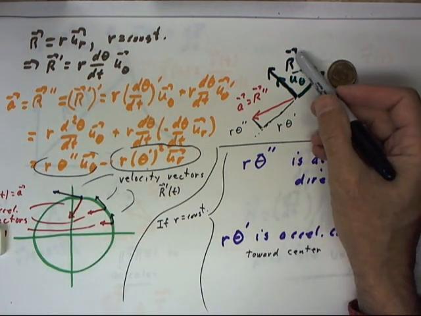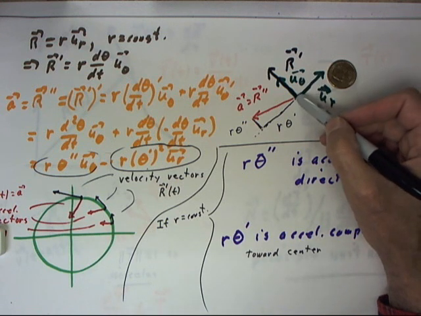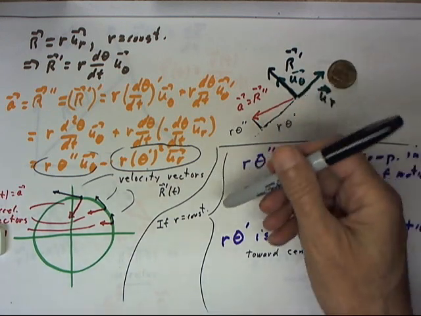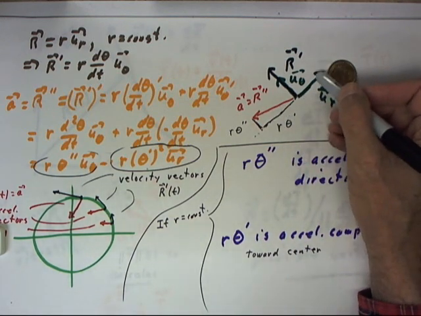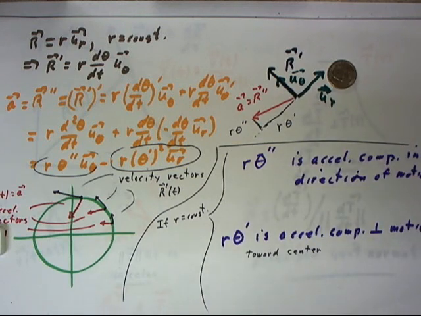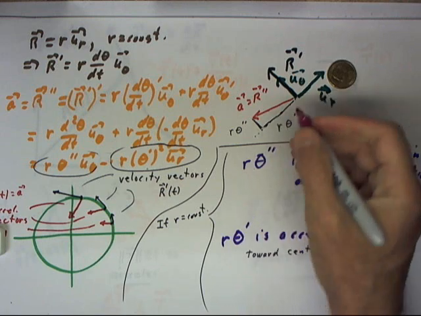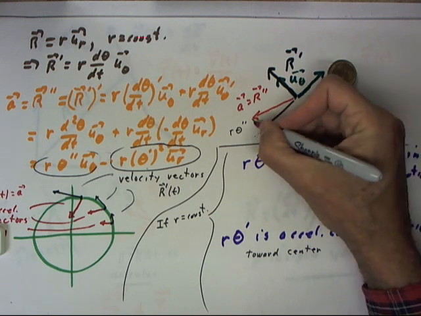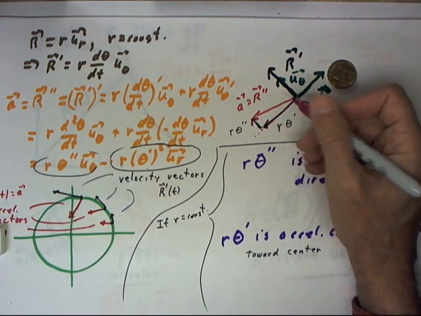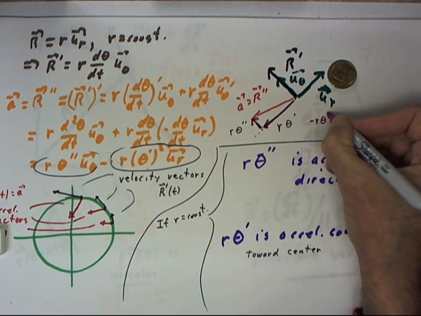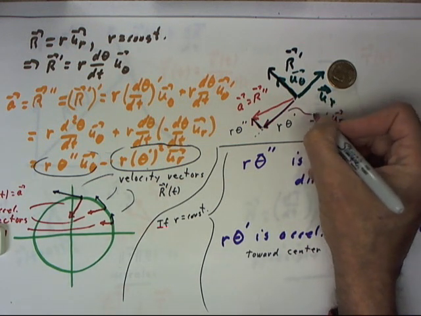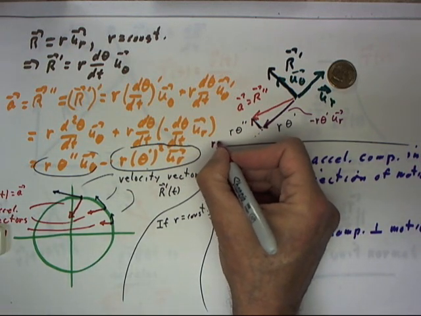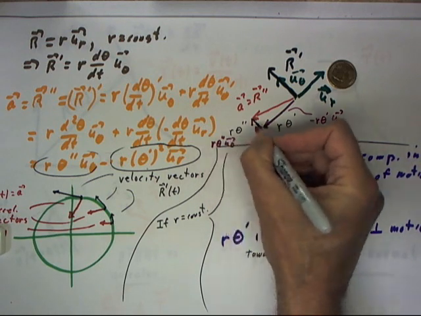Now, looking at a typical r prime vector, it has a component in the direction of the u sub r vector. That component has magnitude r theta prime, opposite the direction of the u r vector, and component r theta double prime in the direction of the motion perpendicular to the radial direction, so that we see that this vector is indeed negative r theta prime u sub r, and this one is r theta double prime u sub theta.